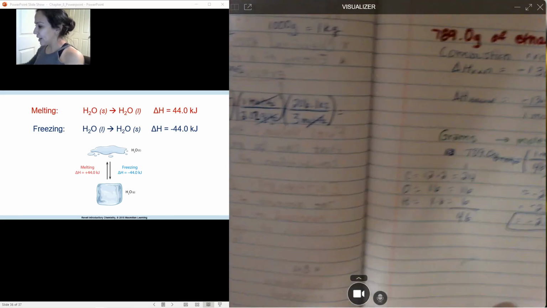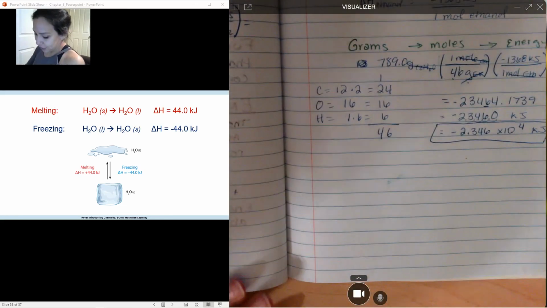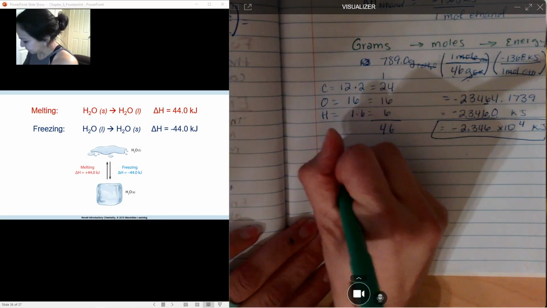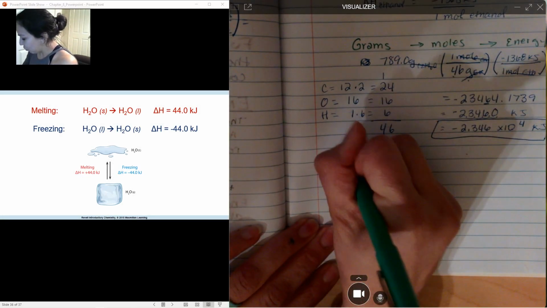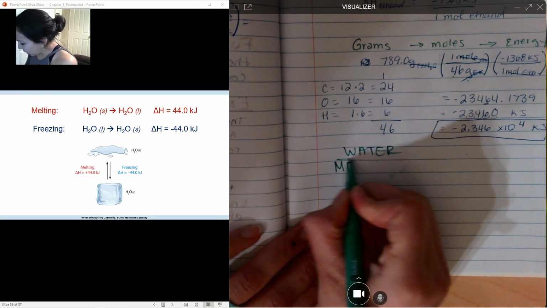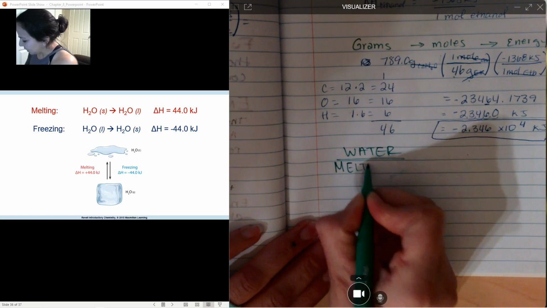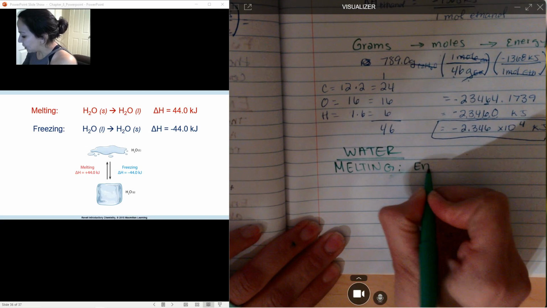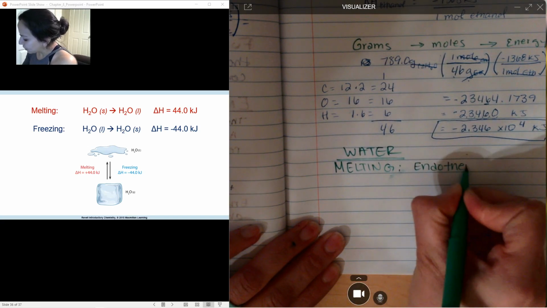And let's go ahead and actually write that down right here so we don't forget that melting. So this is for water. Make sure that you note that this is for water. So when you're melting, okay, you are in an endothermic reaction.